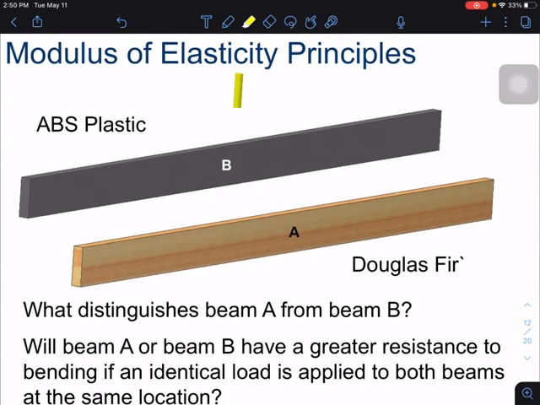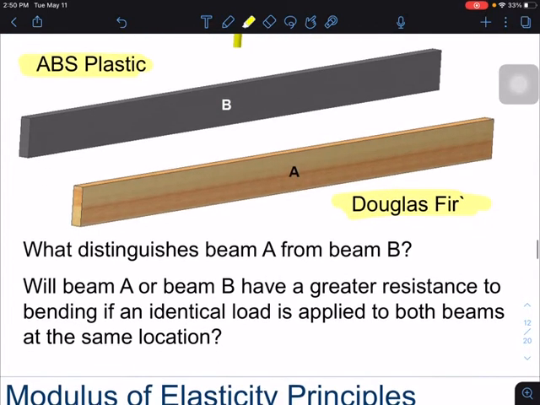Here now, instead of having the same material, when we're talking about modulus of elasticity, we're comparing different materials and their resistance to deformation. So in this case, we have a 2x6, which is ABS plastic. It's made of plastic, and the bottom one is a 2x6 made of Douglas fir wood.